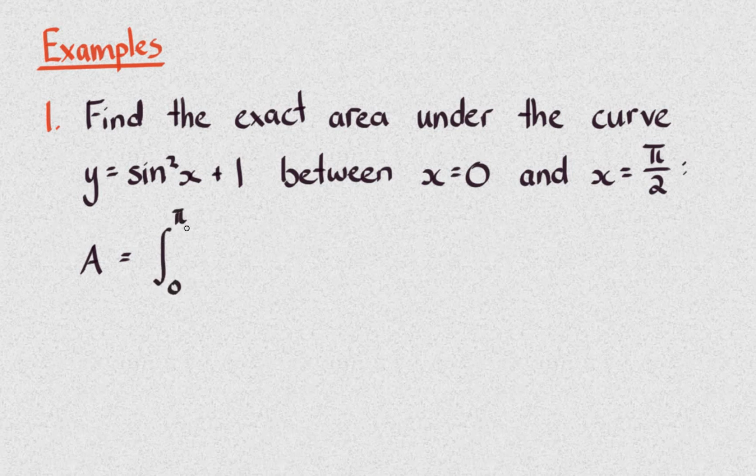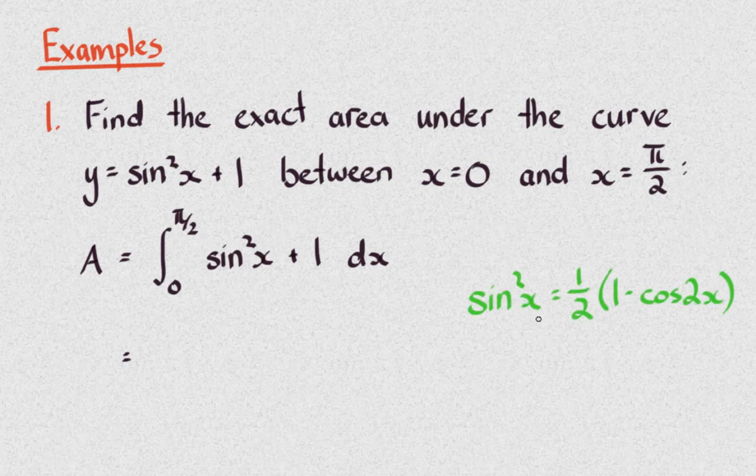So it's between 0 and pi on 2, and this is our function. Now, based on the work we've already done, we know what the integral of sine squared x is. Remember, if you forget, just perform the substitution, where sine squared x is equal to this.